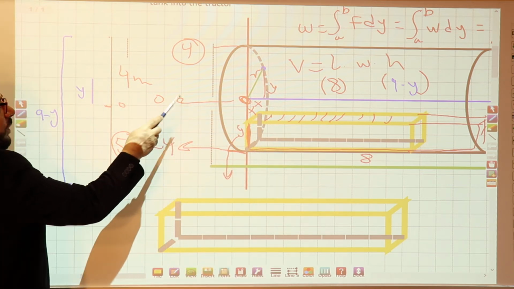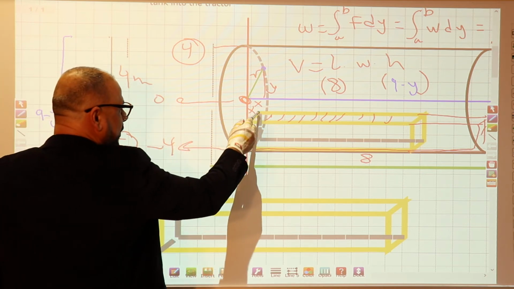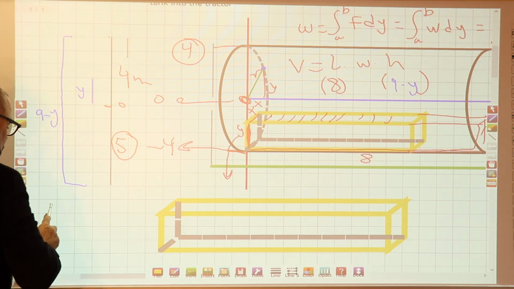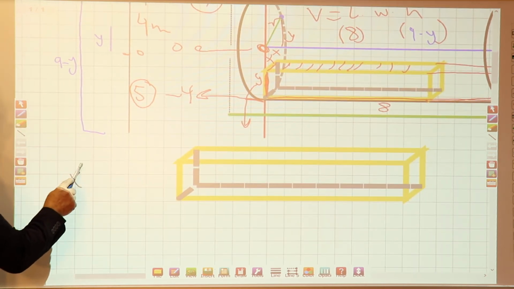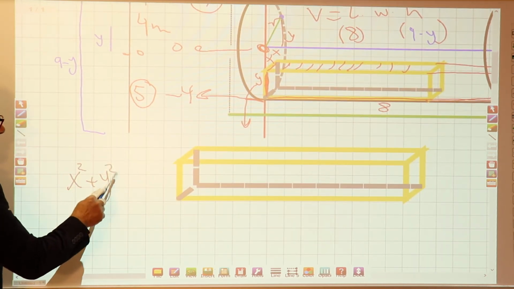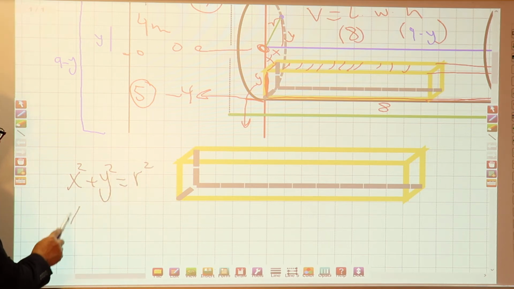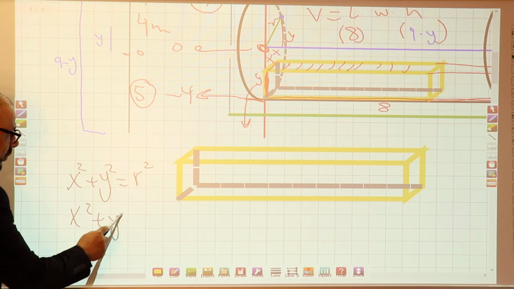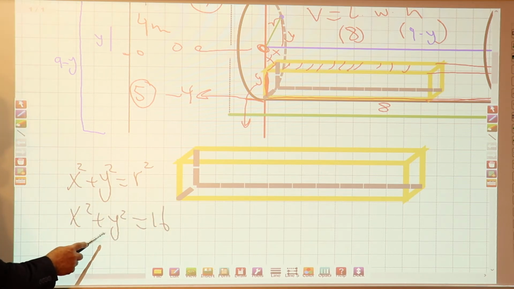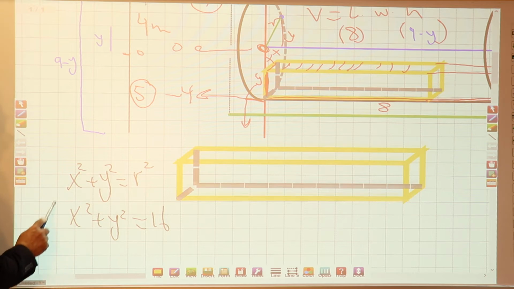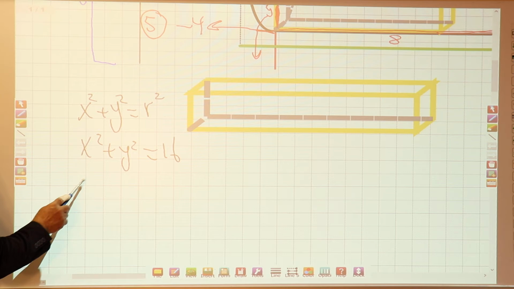Then the relation to find the width of the small slab, you see: X squared plus Y squared always equals R squared. Then X squared plus y squared equals r squared, which is 16. We need to solve for x, because x is a function of y.